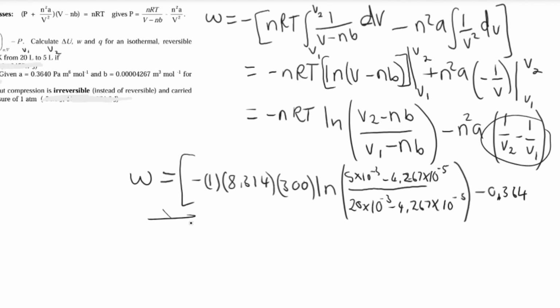Can continue here. We are multiplying this 0.364 by a bracket of 1 over V2 is 5 times 10 to the power minus 3, subtract 1 over V1 is 20 times 10 to the power minus 3.